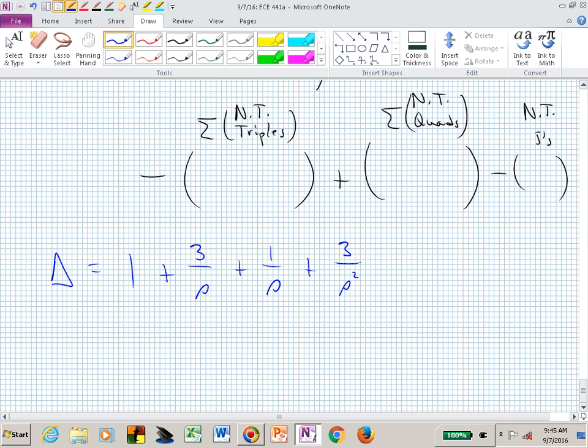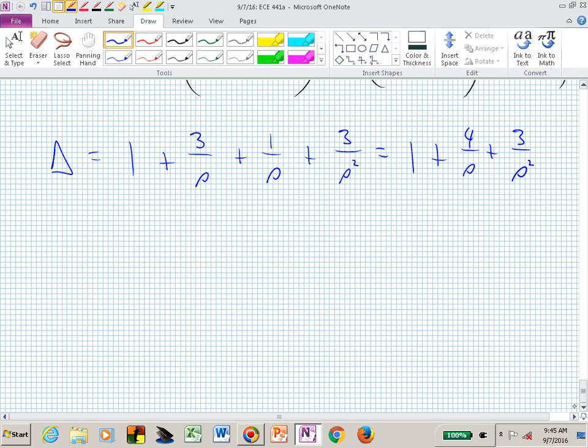Those are my 4 pieces, and I can combine the middle two so that I have 1 plus 4 over S plus 3 over S squared. So that my determinant is now, if I put them all over a common denominator, s squared plus 4s plus 3 over s squared.